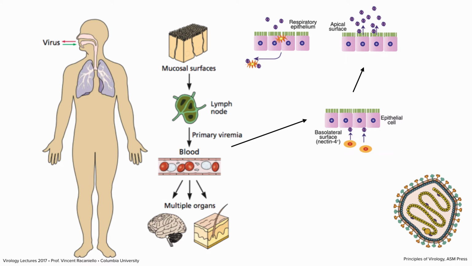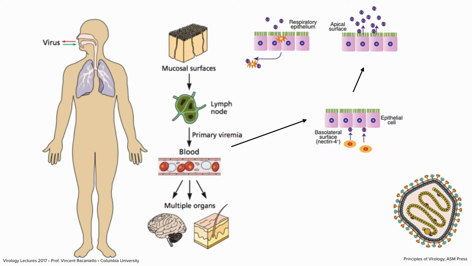And that's shown in this diagram on the right. We have respiratory epithelium, and these little cells, which look like dendritic cells, or other immune cells, they patrol the epithelium. They are the ones that are actually infected with the virus. The respiratory epithelium can't be infected from the apical side.